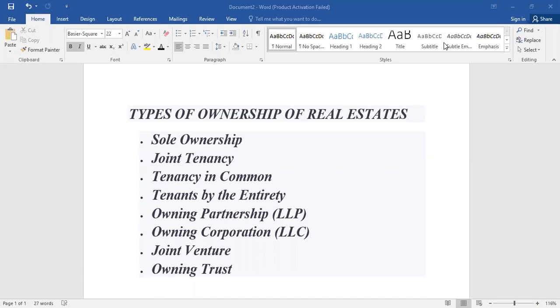Sole means one. The biggest appeal of this kind of ownership is the decision making. When you are the individual decision maker about your property, how best to use it, when to sell, you don't need approval from any other party, being the owner.